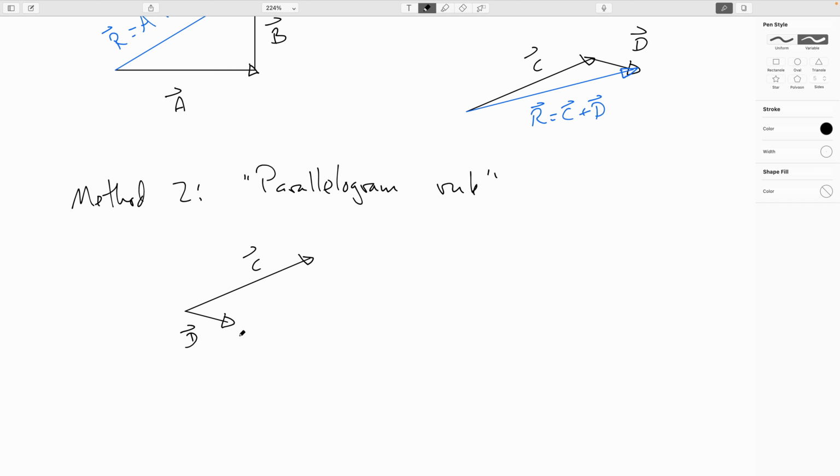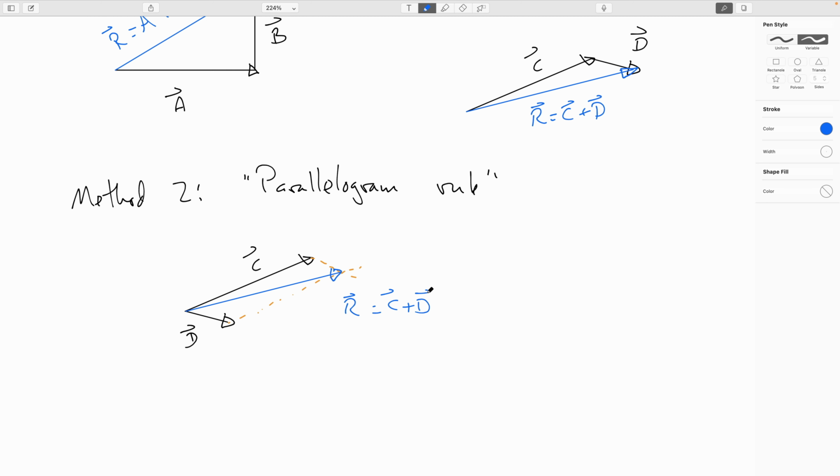And then to get my resultant, I go from that same corner to the opposite corner that I identified by finishing off my parallelogram. And that is my resultant vector. And either of these approaches are perfectly valid. They will always give the same answer.